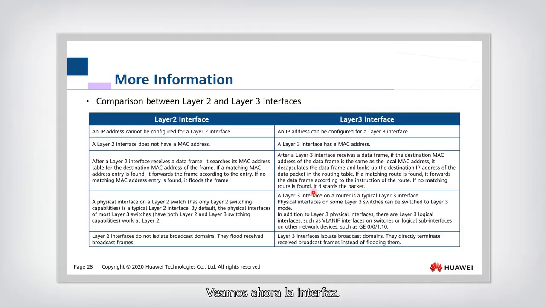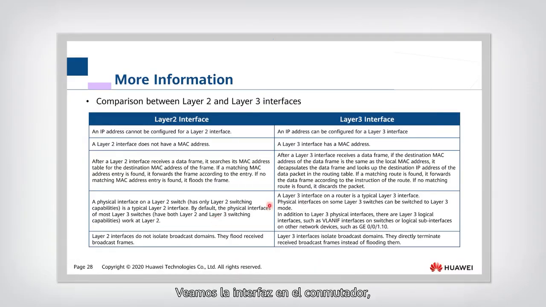Okay, and next, let's look at the interface. A physical interface on a layer 2 switch is a typical layer 2 interface. The physical interface of most layer 3 switches can work on both layer 2 and layer 3. Okay.